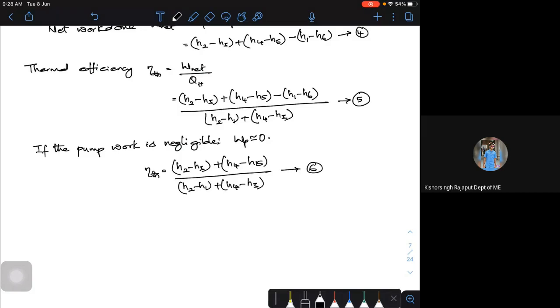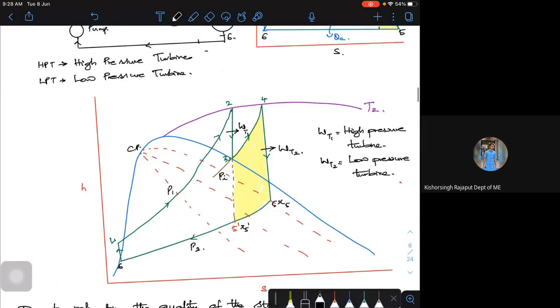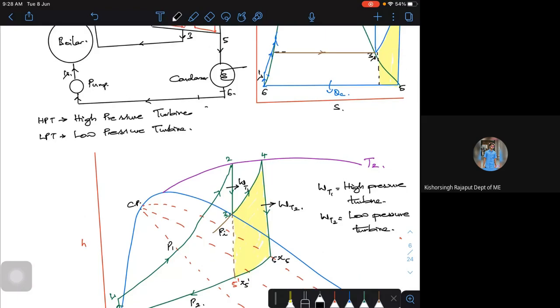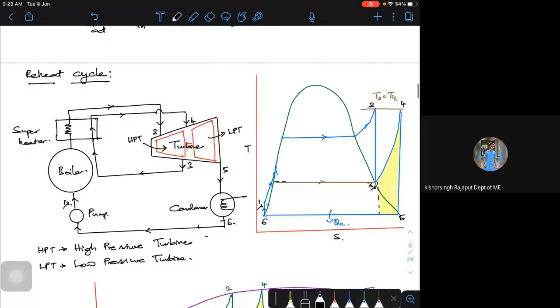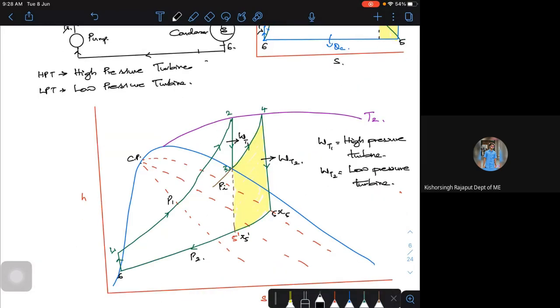Now, one close observation. What is this point 4 and your 2? If you closely observe on an HS diagram, this particular curve, the T2 curve, is not a straight line. This is a curved line.